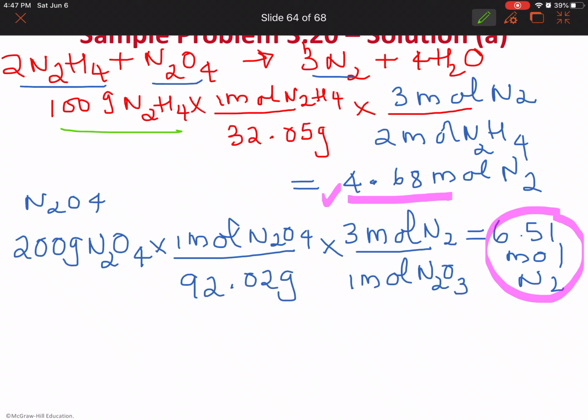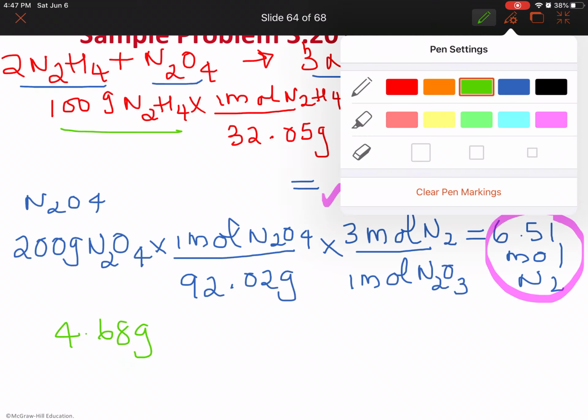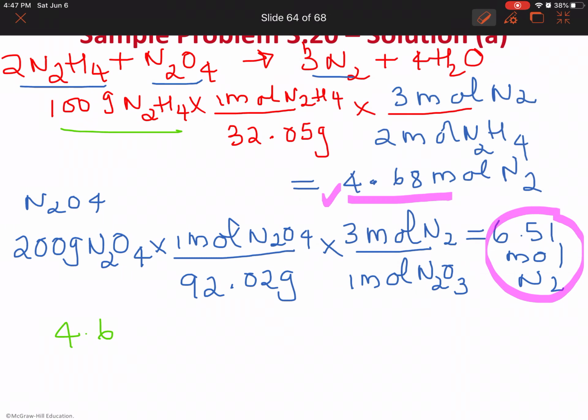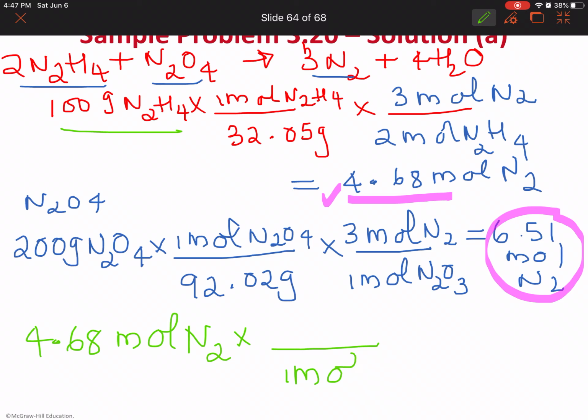But we want to find out in mass. So you take that 4.68 grams, not grams, that was in moles, right? Did a little mistake. 4.68 moles nitrogen, and then you convert it into grams using the molar mass of nitrogen. 1 mole nitrogen is 14 times 2, 28 grams nitrogen.